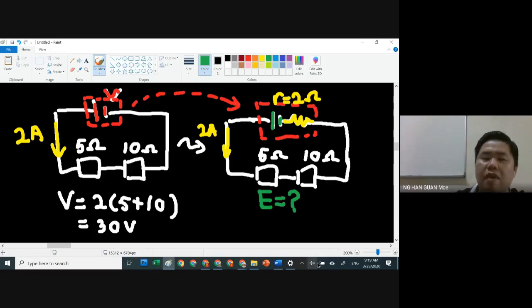How much is the EMF of this power supply? What is the answer?